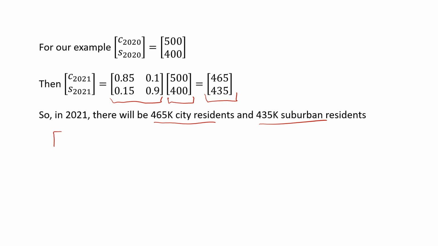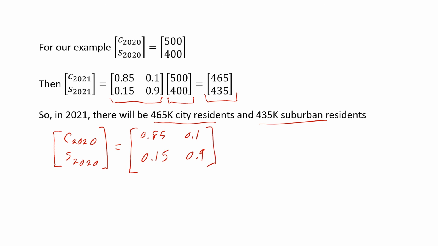So we have that our population in 2020, so C 2020 and S 2020, is equal to our transition matrix times what it was the year before, so C 2019 and S 2019. And we know what C 2020 and S 2020 is. That was 500 and 400.